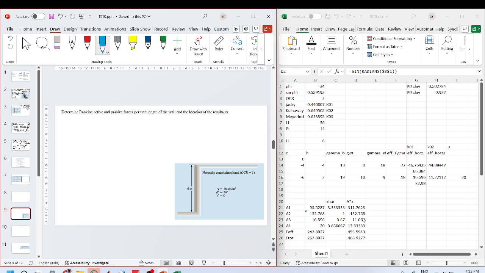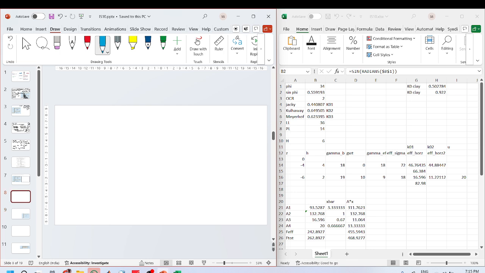Actually, if you think about it, in K-naught condition, even in our example, for clay they have not given any coefficient value. If you go through the previous example, actually for clays, K-naught is dependent on your consolidation behavior.